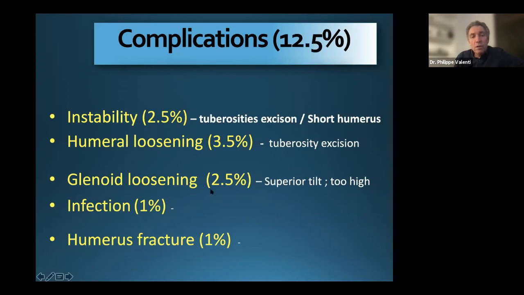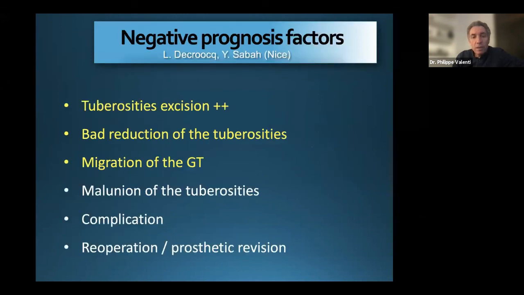Humeral loosening, because if you do excision of the tuberosities, you increase the constraint to the diaphysis and the risk of humeral loosening even if you use cement. Glenoid loosening was a mistake, superior tilt or too wide. Infection in 1% and 1% of humeral fractures.